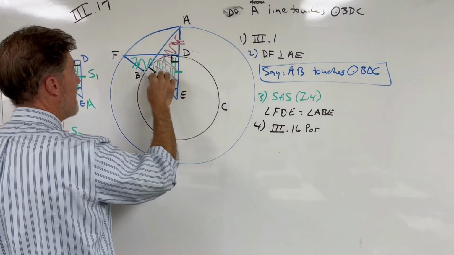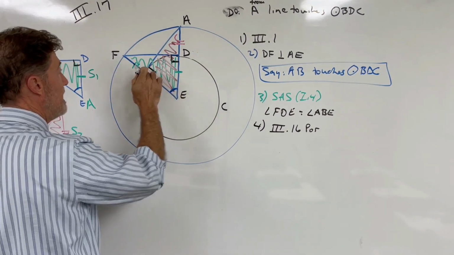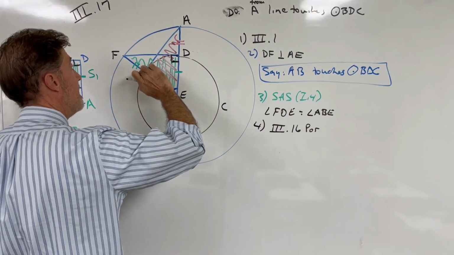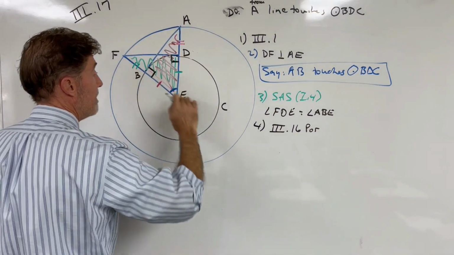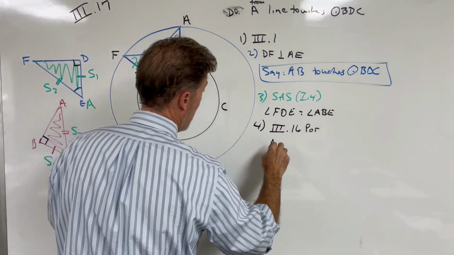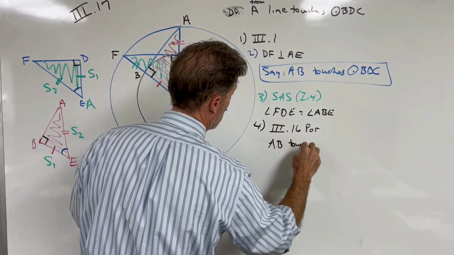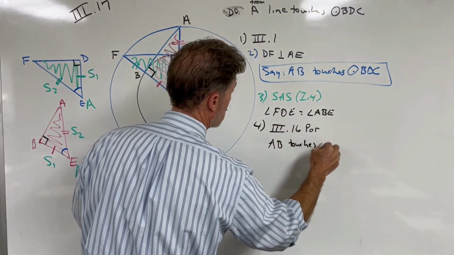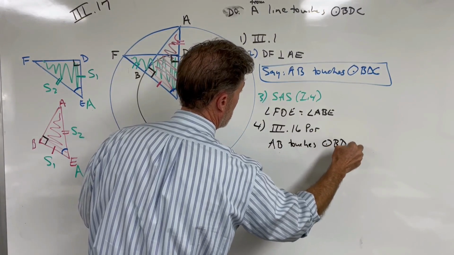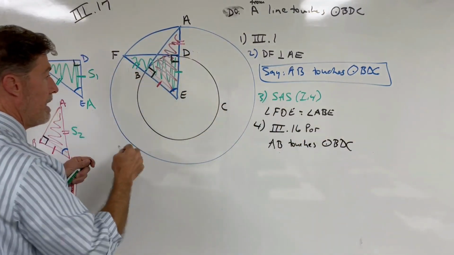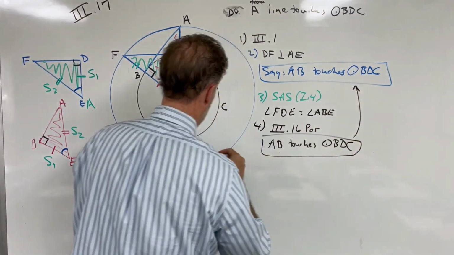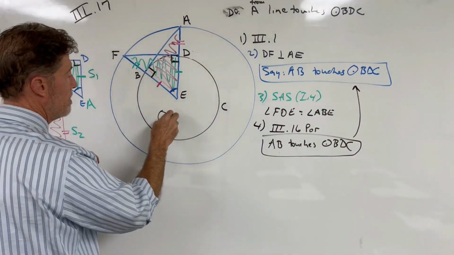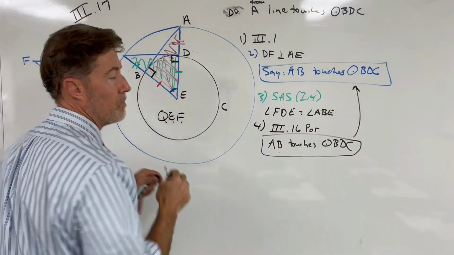So we have a diameter or radius EB, and at B we have a line drawn at right angles to EB, namely line AB. Therefore, AB, according to this porism, touches our circle BDC. And that, of course, is what we're trying to prove. And since we have done that, and this is a construction proof, we conclude with QEF.